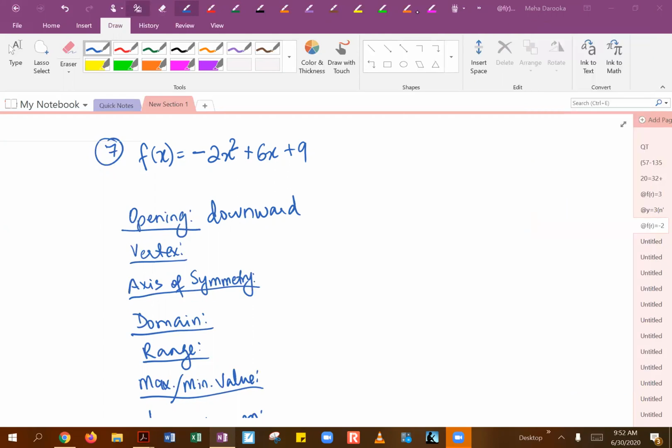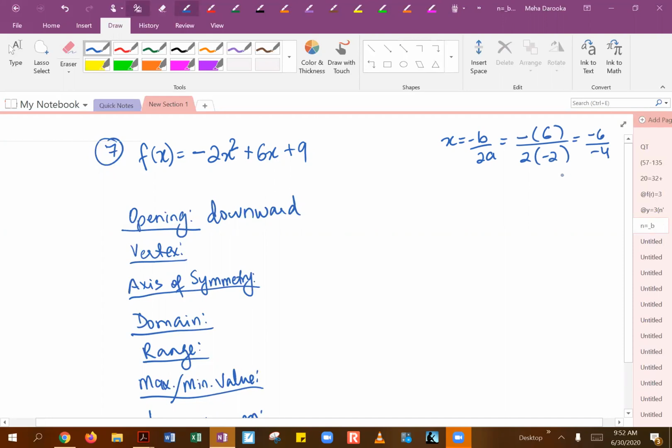Okay, so looks like you're getting 3 halves for the x coordinate. So that would be x equals -b over 2a. That's -b over 2a. So let's see, b is +6, A is -2, which is giving us -6 over -4.